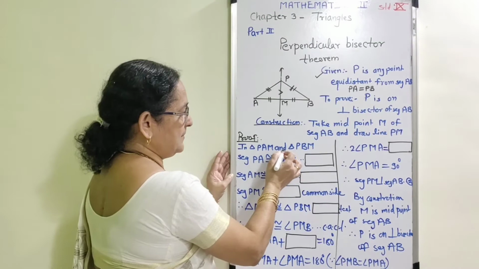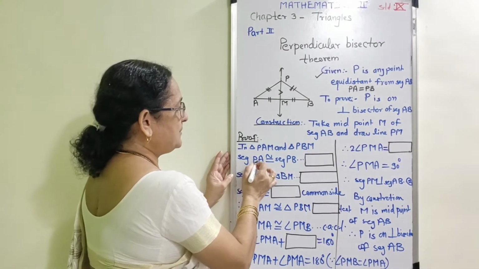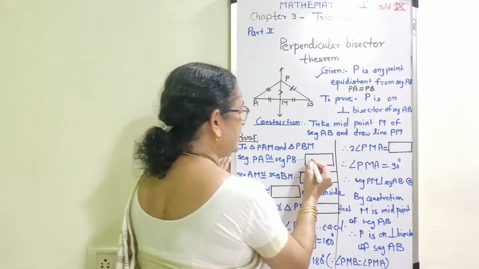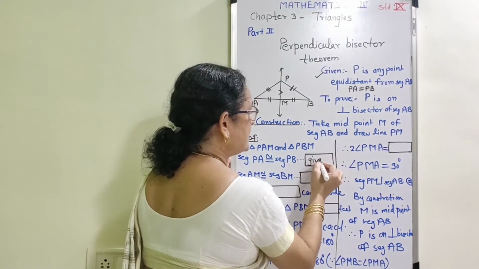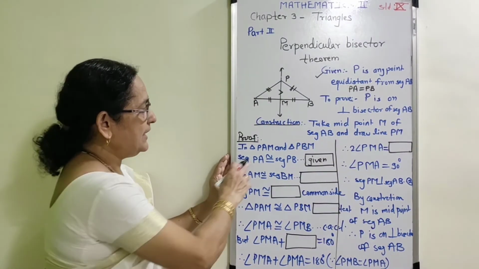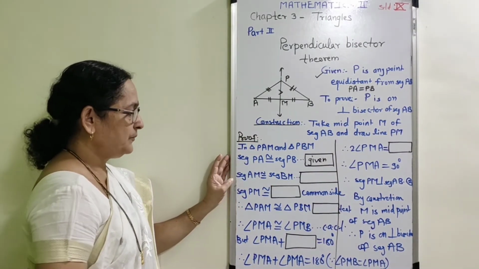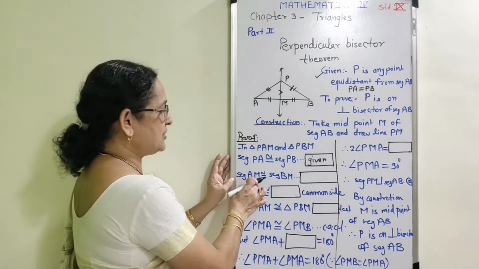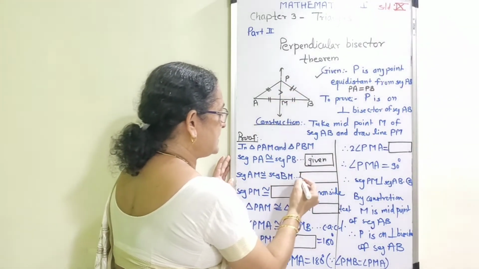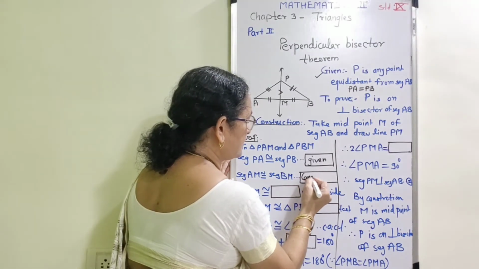In triangles PAM and PBM, segment PA is congruent to segment PB. It is given. The first filling of the blank is: it is given that PA is congruent to PB. Now the second thing, segment AM is congruent to segment BM. This is with the help of construction.